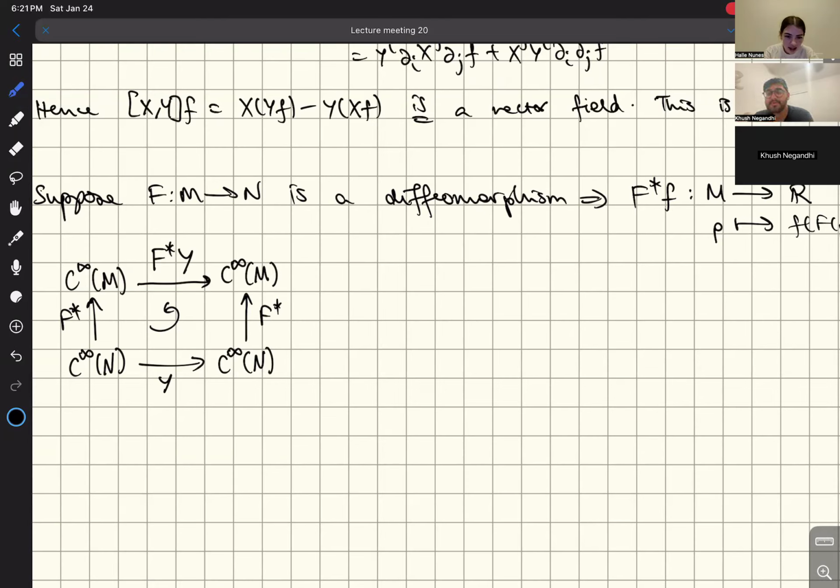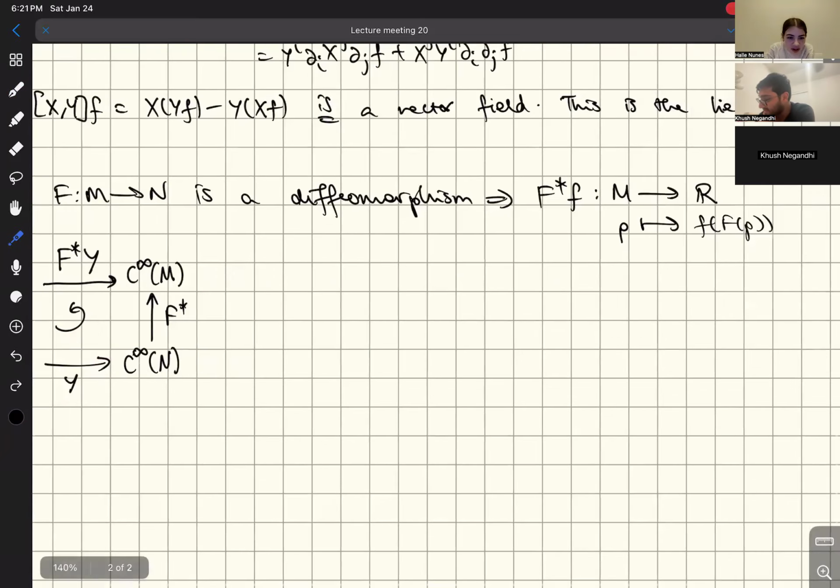I think what is confusing me right now is that you can get from C infinity of N to C infinity of M by F, is that F dual, F star? Yes, it's this map over here.